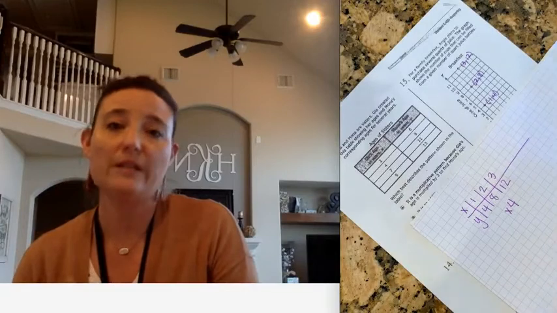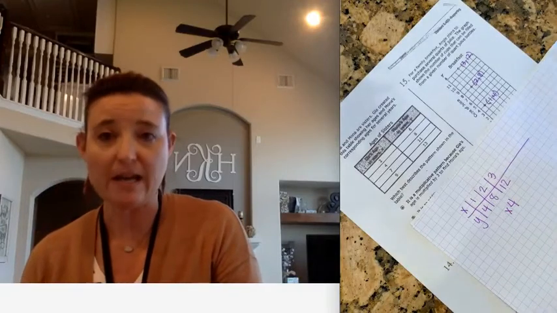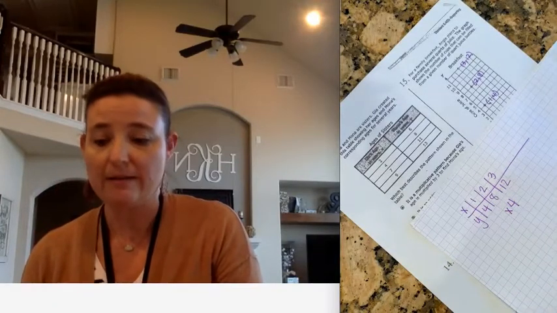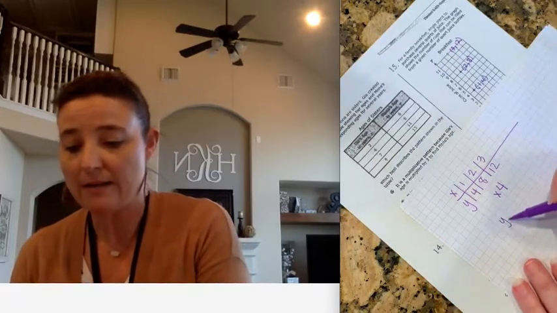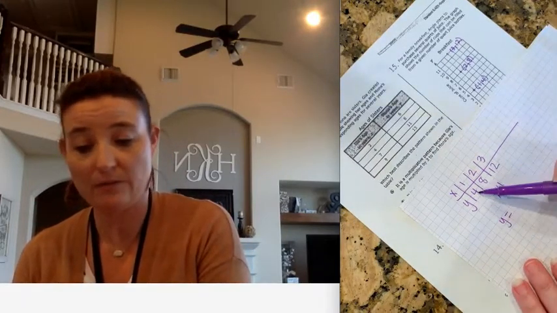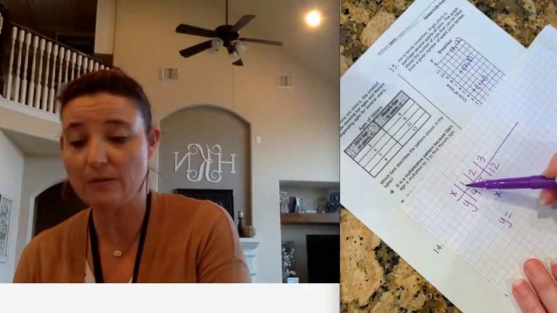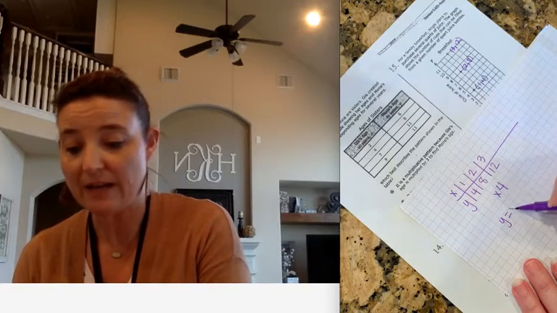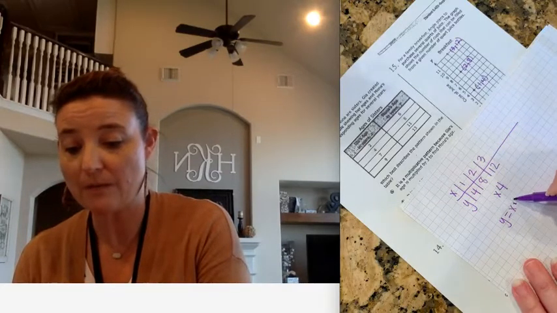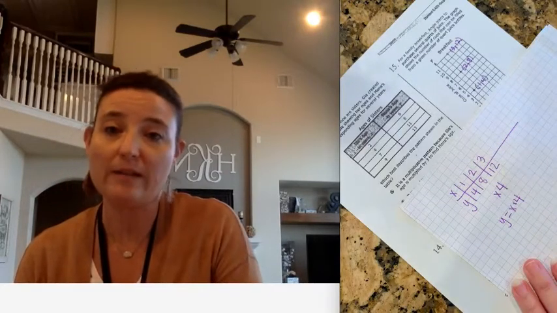If I then wanted to take that and create an equation, I could do that. I could say that y is equal to, so this 4 is going to be equal to 1 times 4, or x times 4. There are a couple of different ways that I can write this.